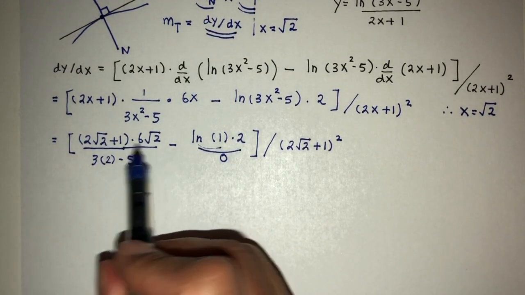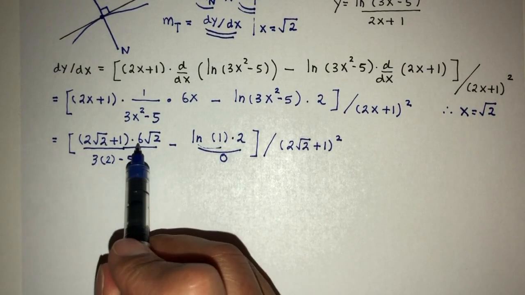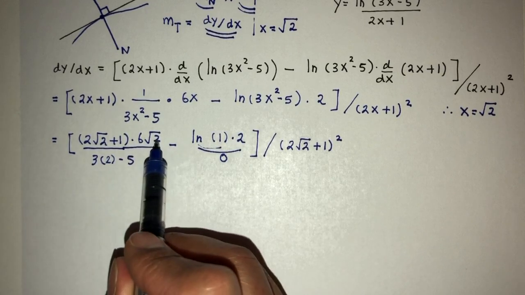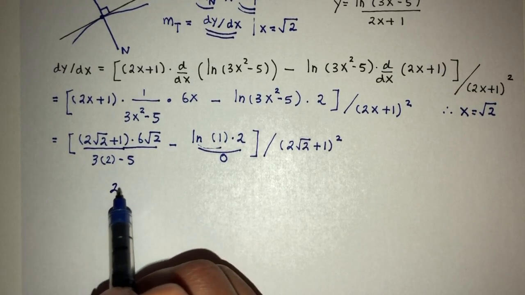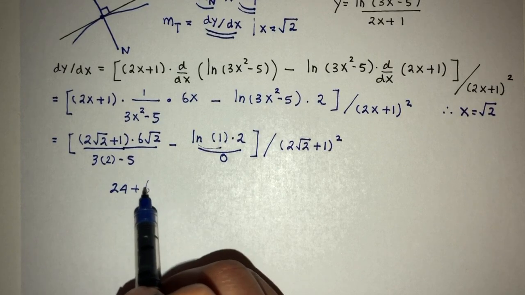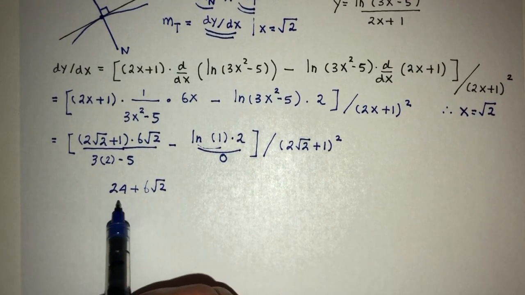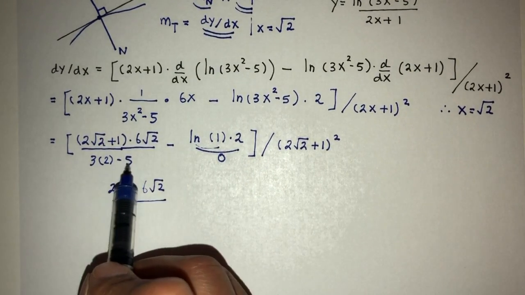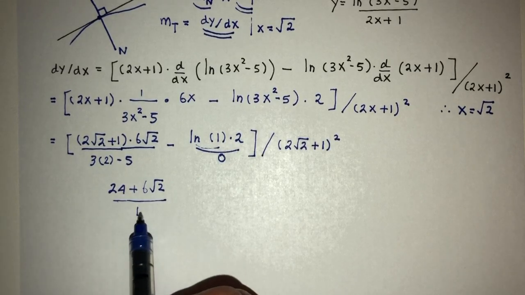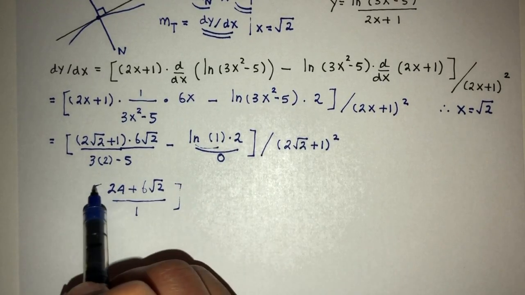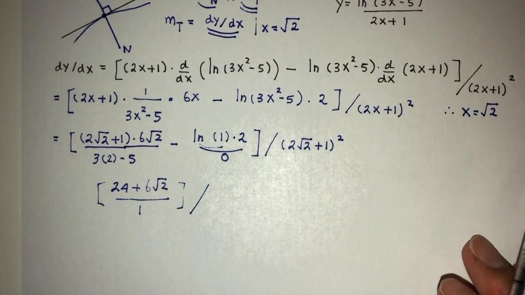Here you will have what? If you expand, you will have 2 times 6 is 12. This time this will be 2. 12 times 2 will be 24, plus 6 root 2. Divide by 6 minus 5 is just 1. And then divide by, this is square. Let's see, what do we have here?